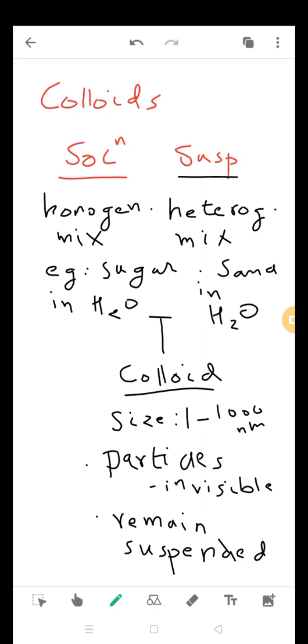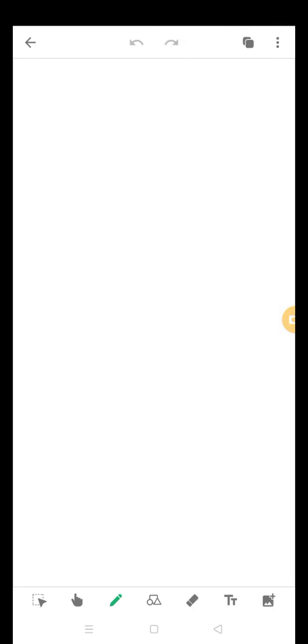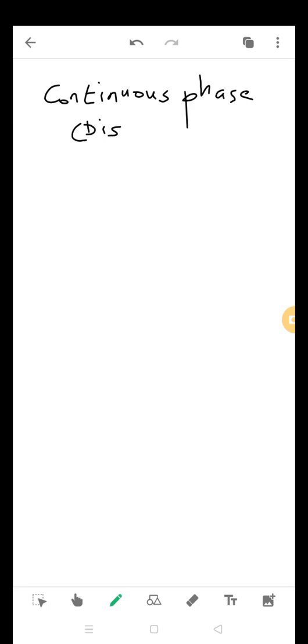Now, in a colloid, as it is something between a solution and a suspension, there is a continuous phase which is called the dispersion medium, and there is a discontinuous phase.